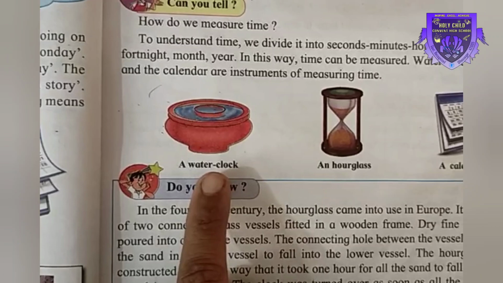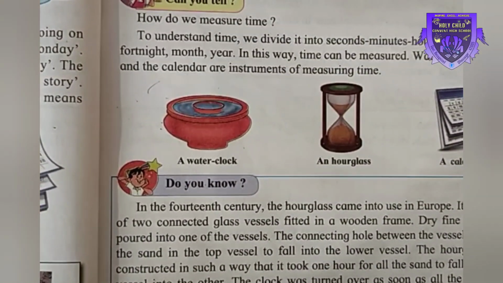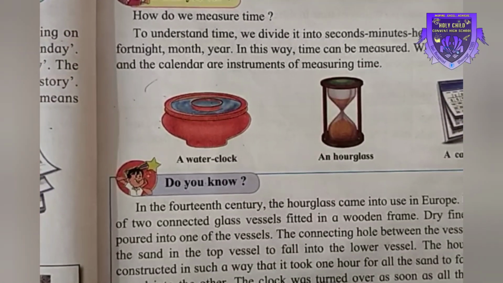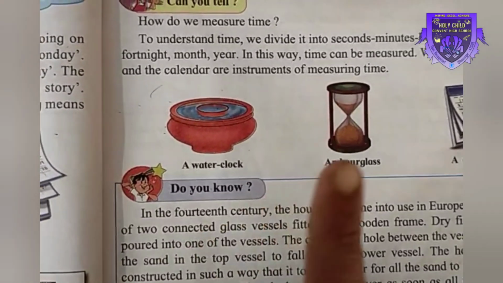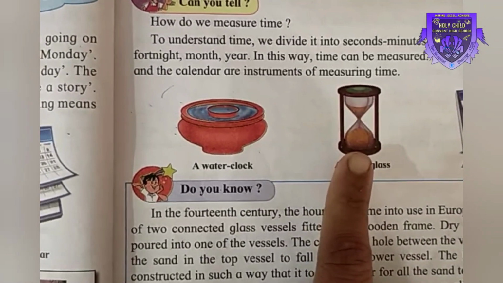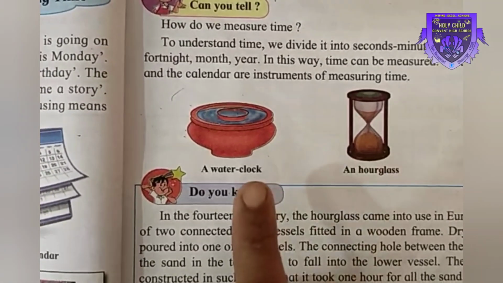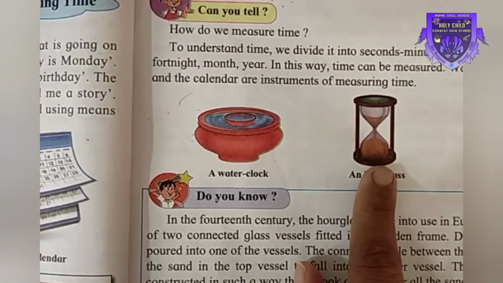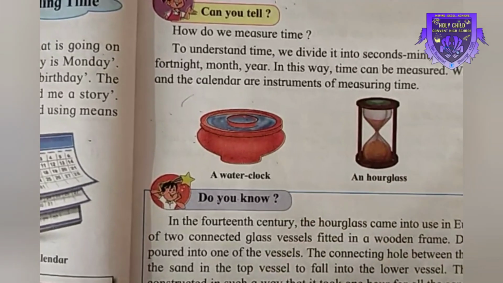And you can see the hole between them. उनके बीच में एक hole होता था that allows the sand to fall into the lower vessel. Now the hourglass was made in such a way that if the whole sand falls in the lower vessel, it completes 60 minutes. पूरा sand जब गिर जाता था नीचे तो पता चलता था कि 60 minutes complete हो गया. In this way, time was measured in olden days by the hourglass.